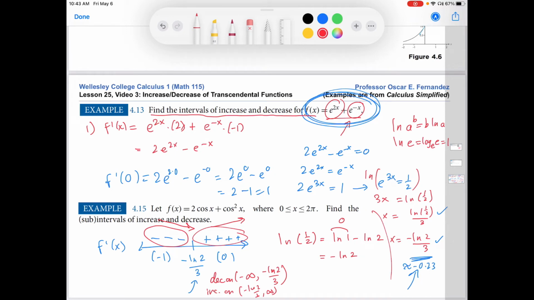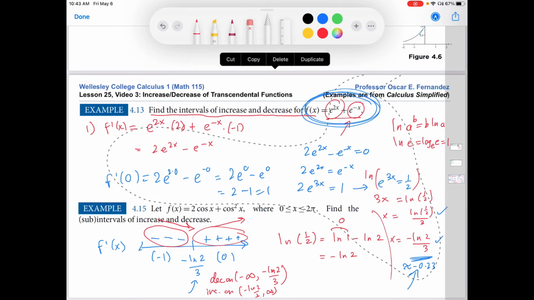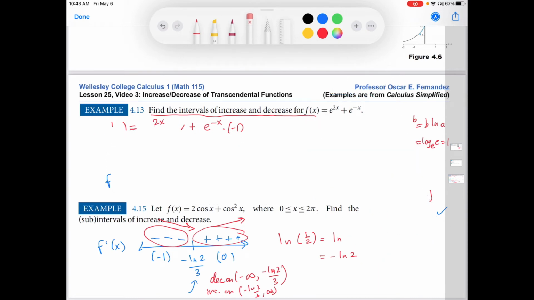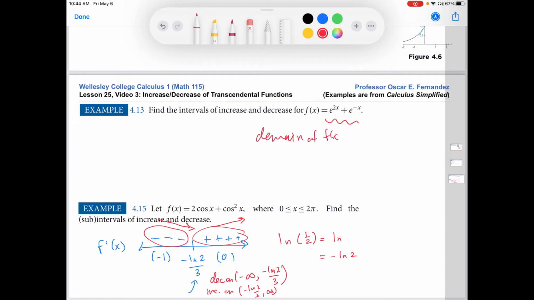One thing to mention here, and I will do that while I'm erasing all this other stuff, is how come it goes all the way out to negative infinity and all the way out to infinity? How did I know that those were the quote-unquote endpoints of my interval? Well, one thing to do is always think about the domain of the function. In this case, the domain of f of x is minus infinity to infinity.